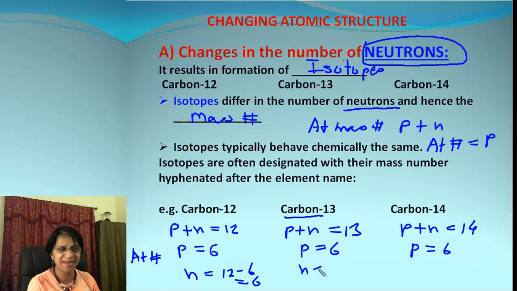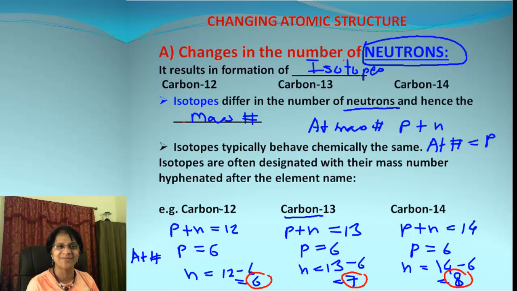For this one, it will be 13 minus 6, which is 7. And for the last one, the number of neutrons is 14 minus 6, which is equal to 8. So look at that. Each carbon isotope has a different number of neutrons, 6, 7 and 8 respectively.